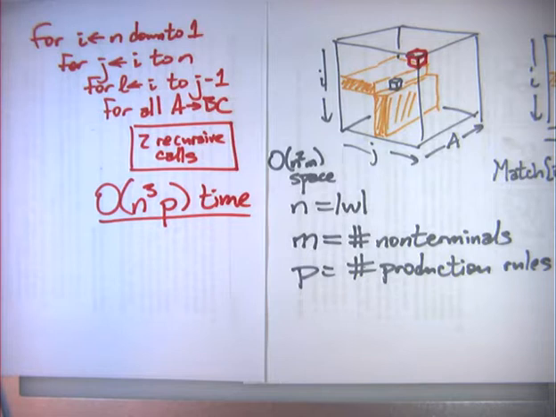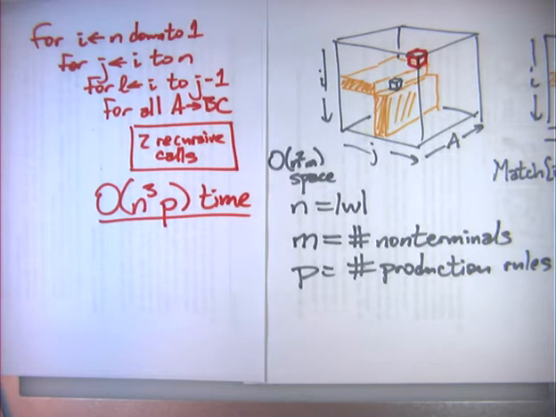Usually, when you're looking at some real compiler where the language is fixed in advance, p is a constant, m is a constant. These are things that are hardwired into the code. The only variable in the input is the length of the input string. And so this third dimension that I've drawn in that cube is only a constant number of bits thick, and so I can just ignore it, think of it as a 2D table.